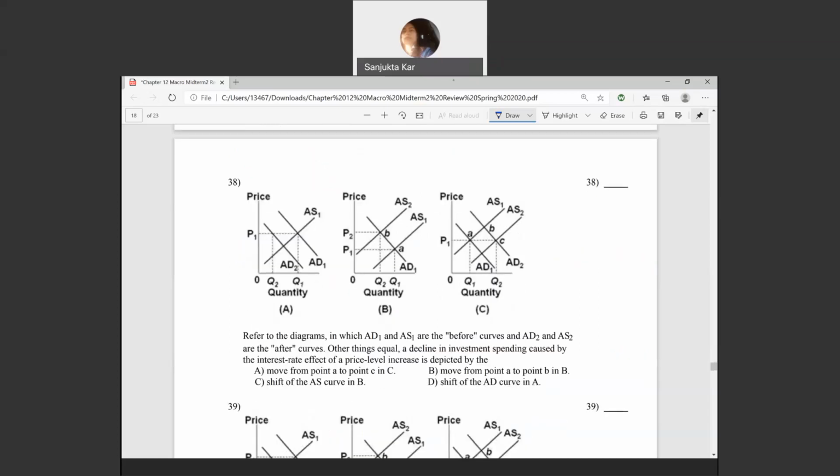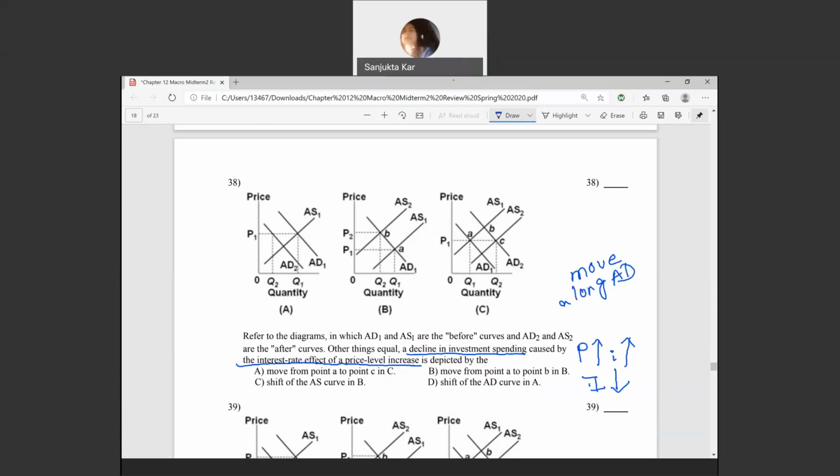Now question number 38 here. It says a decline in investment spending caused by interest rate effect of a price level increase. So price is increasing, interest rate is increasing, investment is going down. That means we are going to move along the aggregate demand curve.